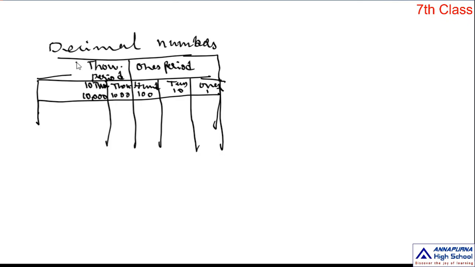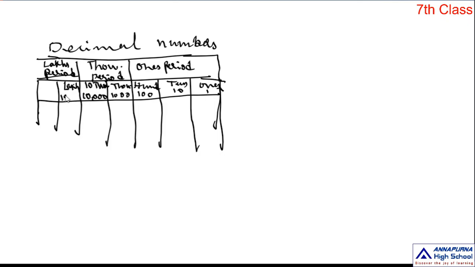So this period has two places. Like that, if we move to the left, we have one more, that is the lakhs period. This also has two places.